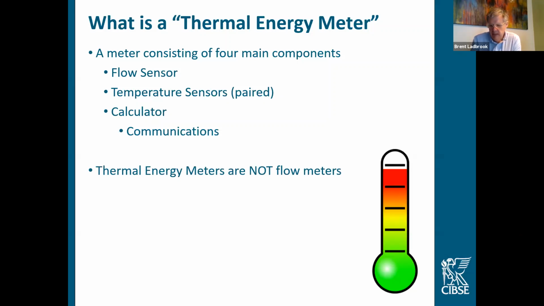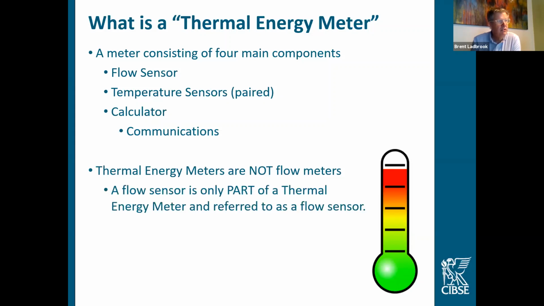Please remember, thermal energy meters are not flow meters, but a flow sensor is part of a thermal energy meter. For terminology, I like to refer to them as flow sensors. In my life, I also sell flow meters where it's purely metering the flow, whereas I refer to the flow sensor when it's part of a thermal energy meter.